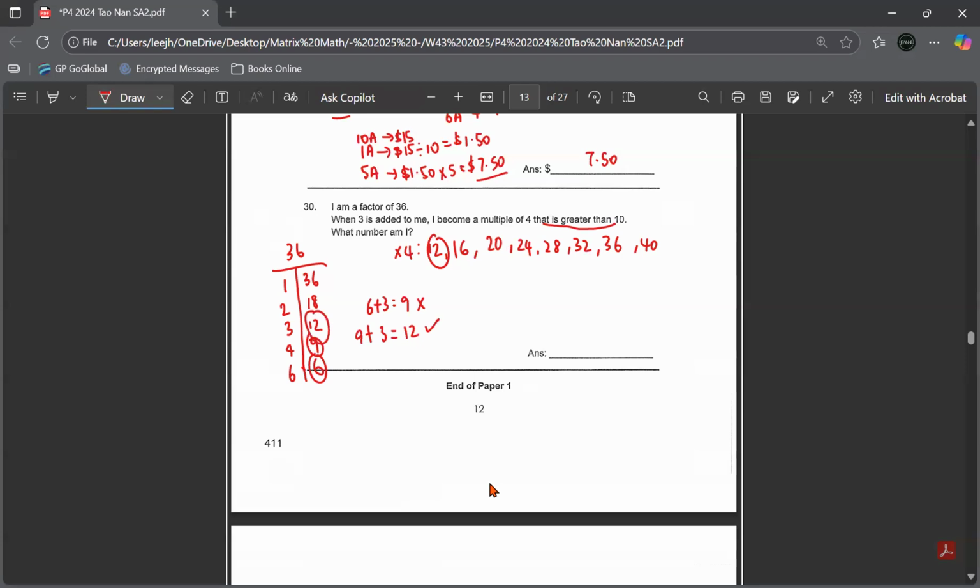So the number is 9. Because I add 3 to 9, it becomes a multiple of 4, and it is a factor of 36. So the answer is 9.